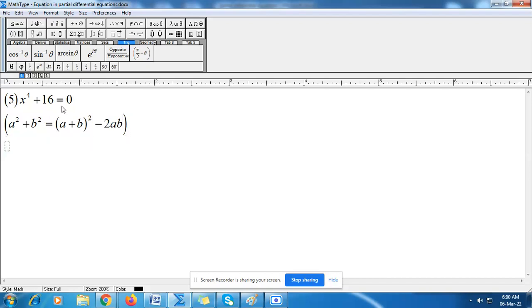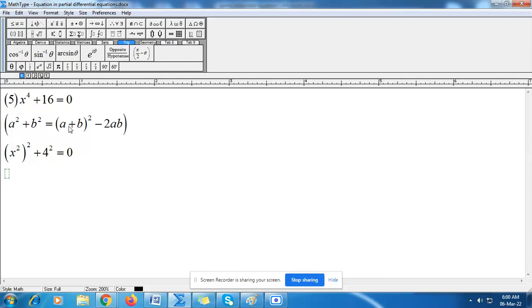So the problem is in the form of x square whole square plus 4 square is equal to 0. Now here a is x square and b is 4.